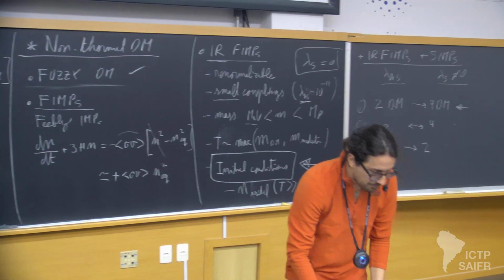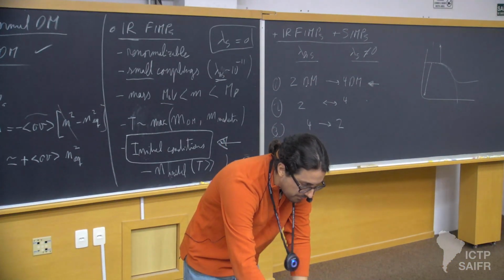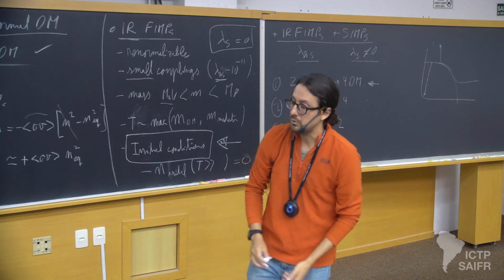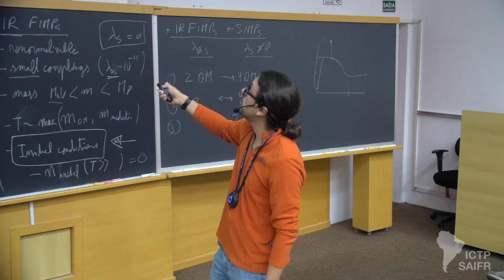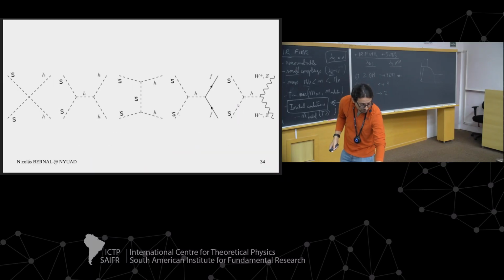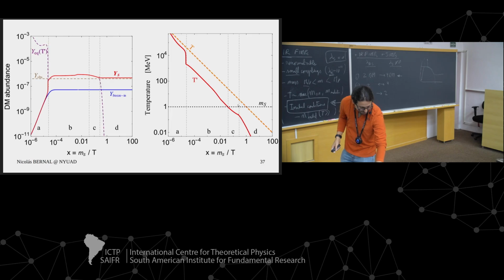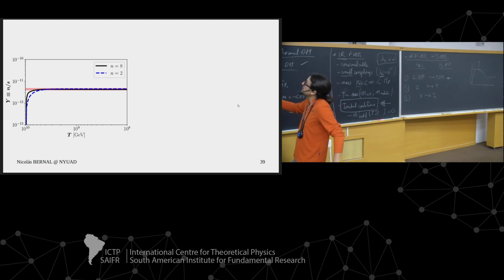I have a plot. Remember how infrared FIMPs were produced? We have a slow increase in the abundance, and then you reach a plateau. For the ultraviolet freeze-in, it's an explosive production. Again, the same parameters.